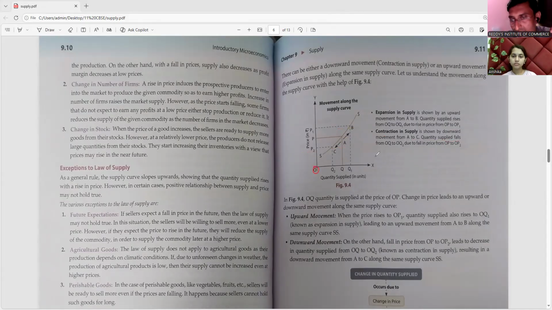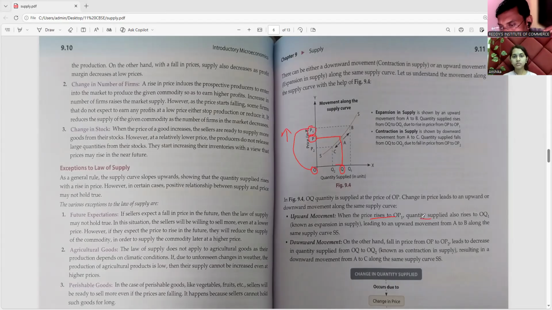Here is the O axis, X axis, Y axis as usual, quantity supplied. Here is the price indication, right? Now, when your price was this price, you supplied this quantity, right? Now, in which case does it go to the upward side? When the price rises from OP to OP1, the quantity supplied also rises from OQ to OQ1. It means it goes to the upward side.